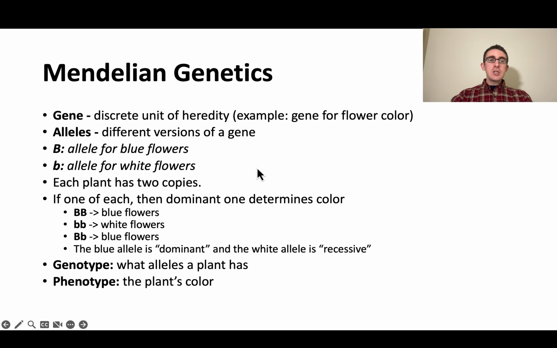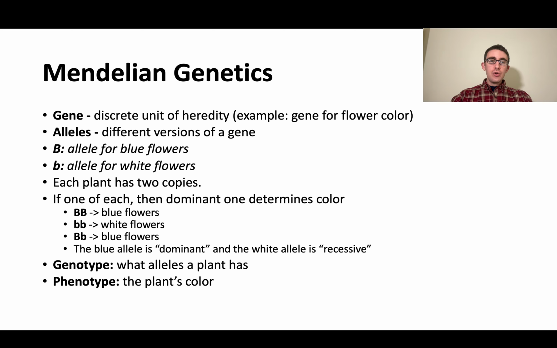Each plant in this model has two copies, basically two alleles for the gene. They could have two blue allele copies, or two white allele copies, or one of each.